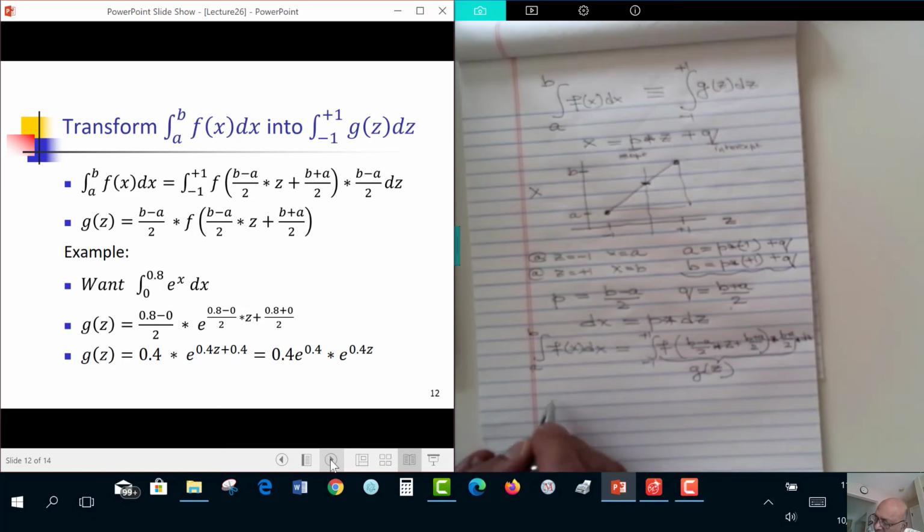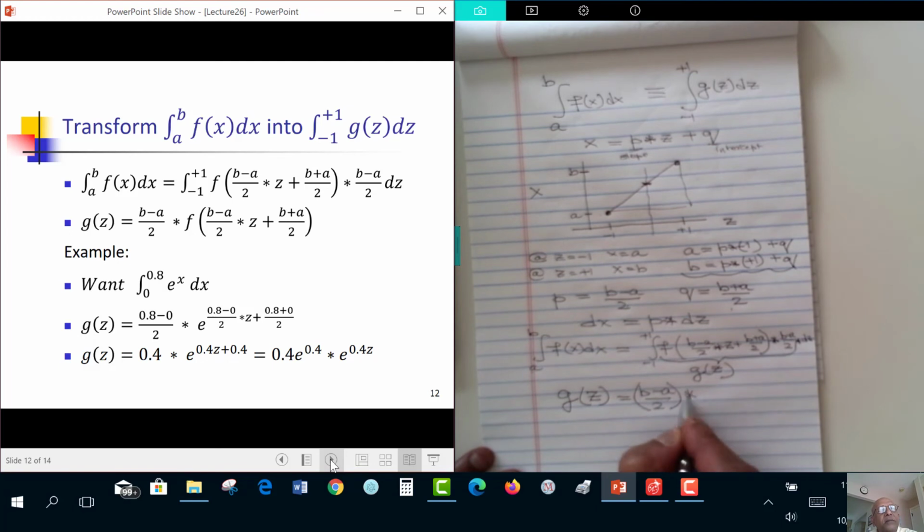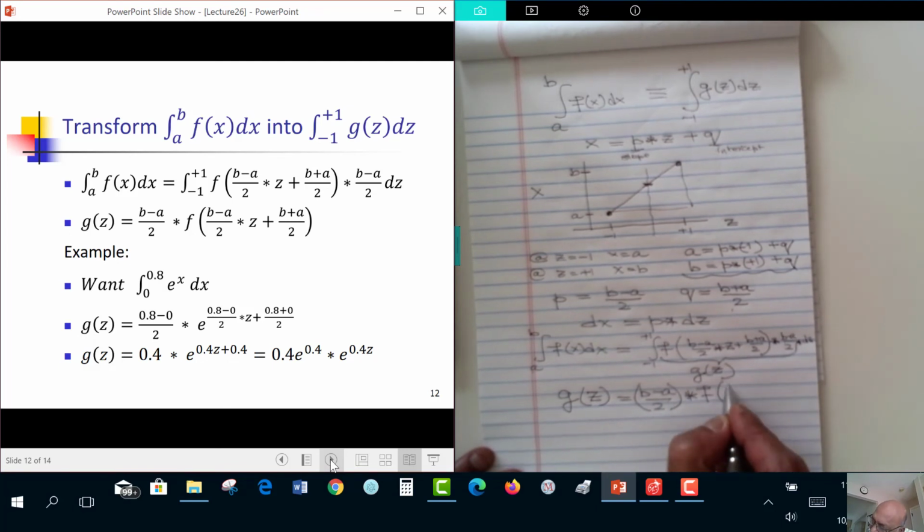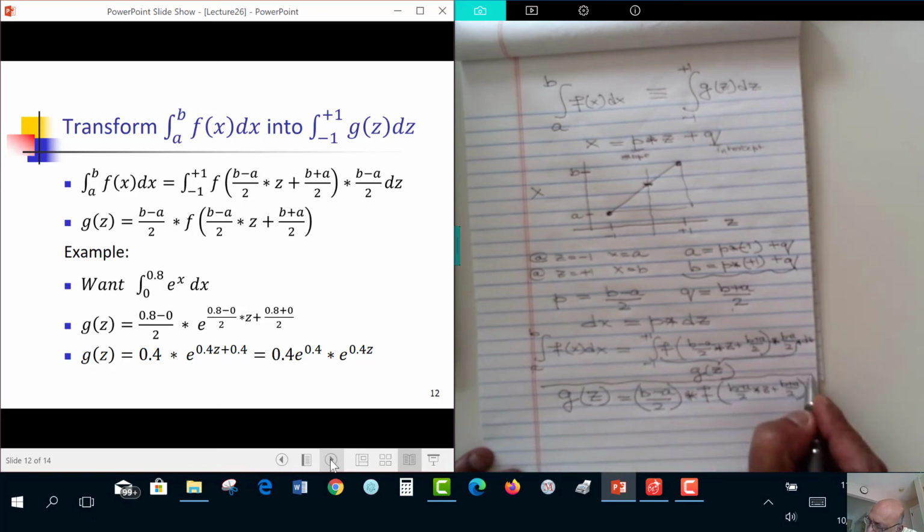So therefore we can write g(z) is, this is a constant factor, (b minus a) over 2 times function of (b minus a) over 2 times z plus (b plus a) over 2.